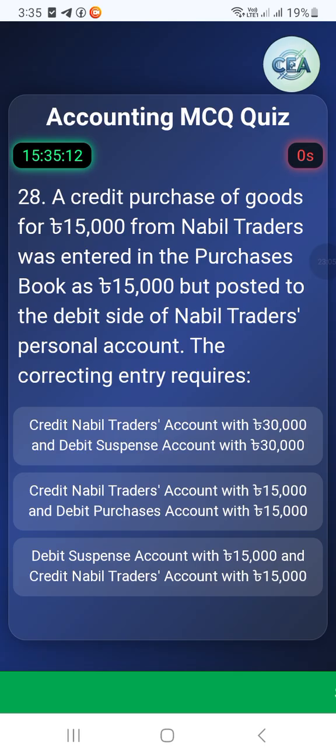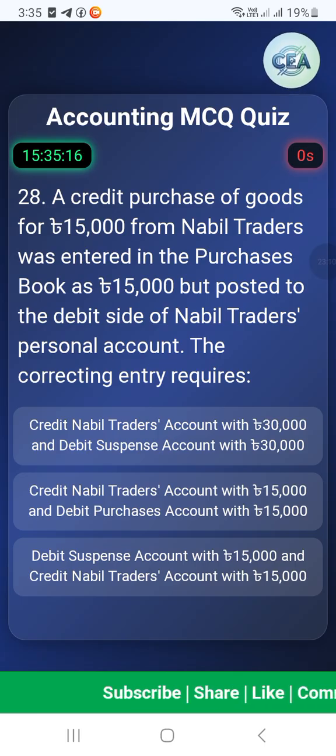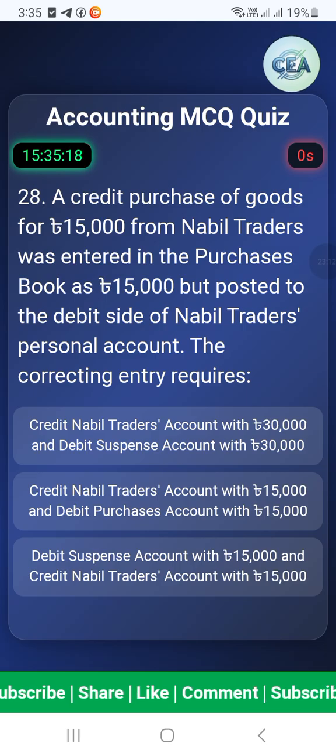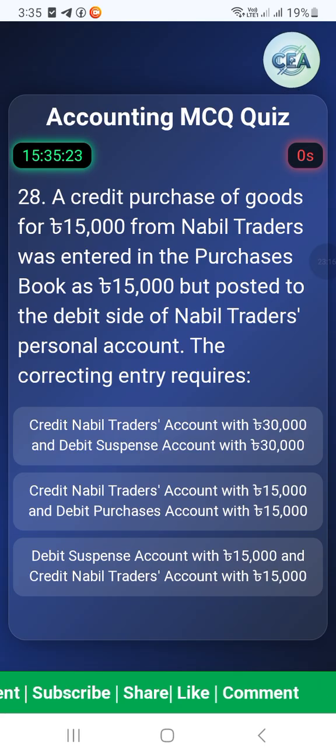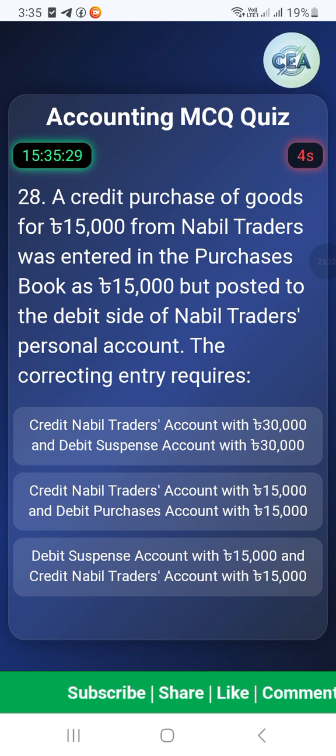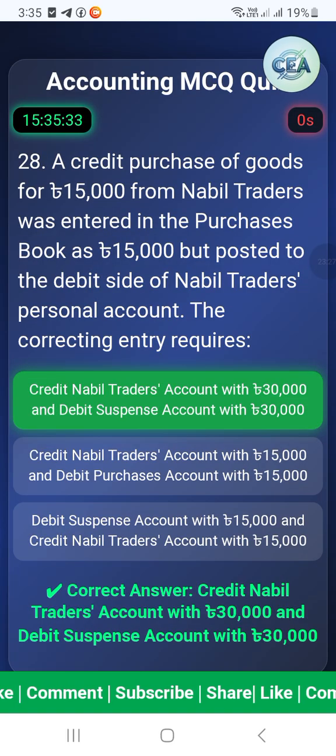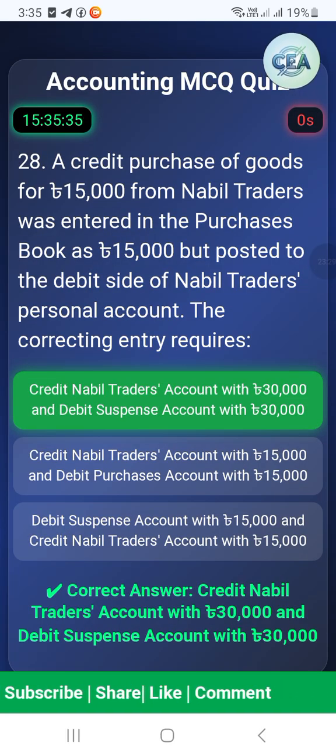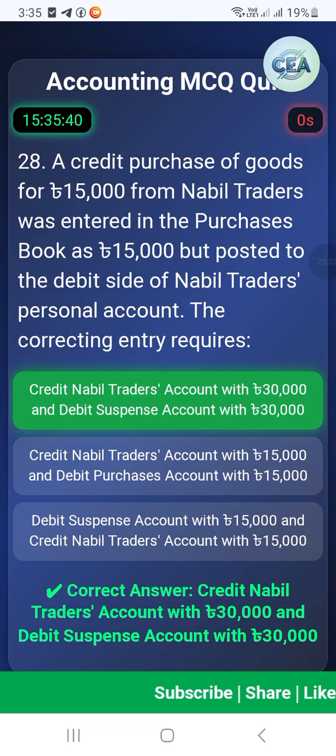Credit Nabil Traders account with 15,000 takas and debit purchases account with 15,000 takas. Option 3. Debit suspense account with 15,000 takas and credit Nabil Traders account with 15,000 takas. Correct answer is credit Nabil Traders account with 30,000 takas and debit suspense account with 30,000 takas.